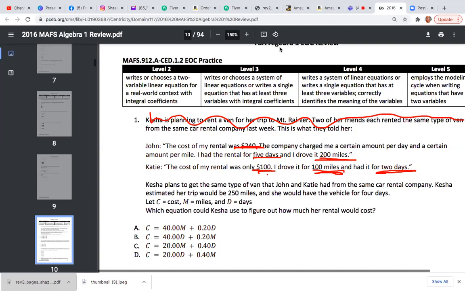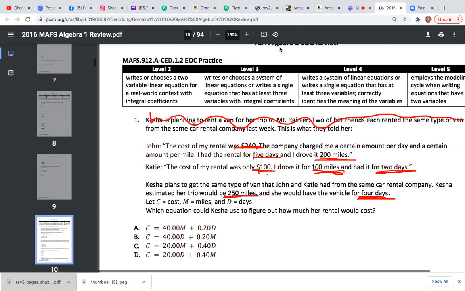So guys, on this particular problem, your job is to decipher which one of these 4 equations would represent how much they're going to charge per day and how much they're going to charge per mile, in order to figure out the total cost of her car rental, okay? She's going to drive the car 250 miles for 4 days, and it's going to cost her how much money? Well, we don't know how much money it's going to cost.